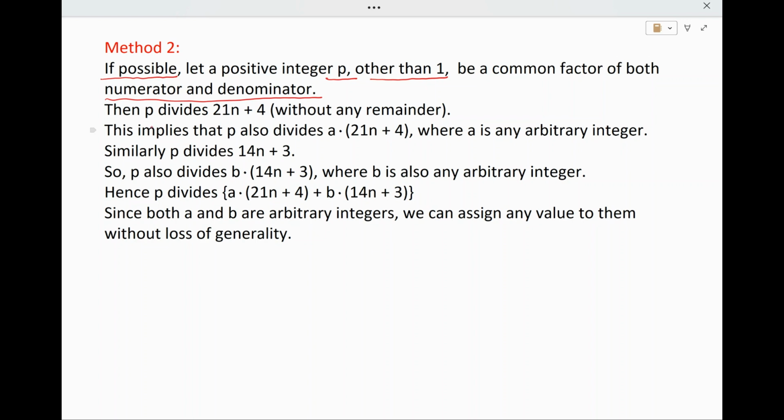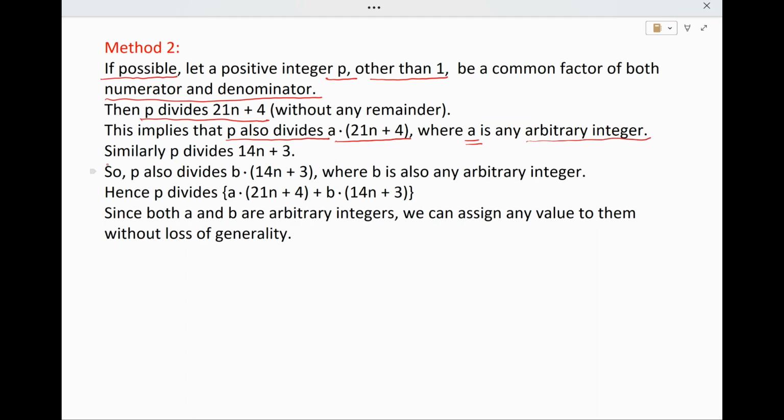Then p divides 21n + 4 without leaving any remainder. This implies that p also divides A multiplied by (21n + 4), where A is any arbitrary integer.